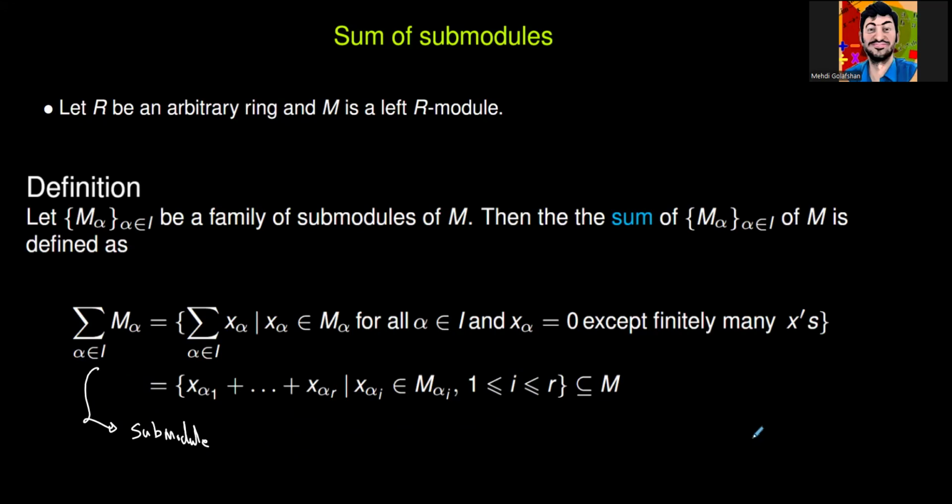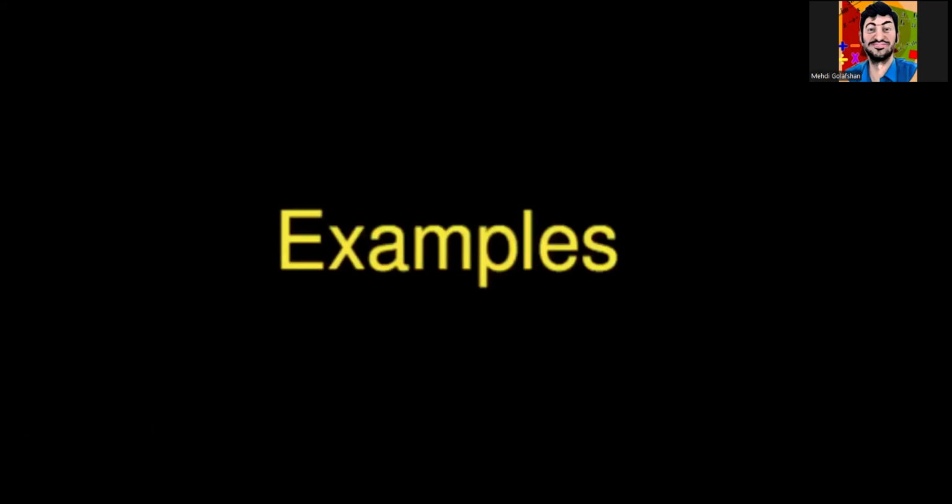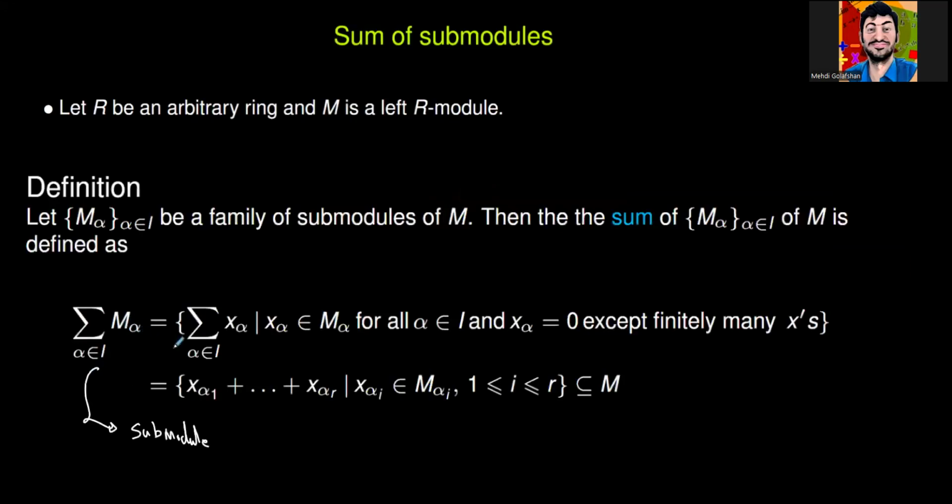So let's go to the next part. Also, the sum is the smallest submodule of M containing M alpha for every alpha. Let me write that as a remark.